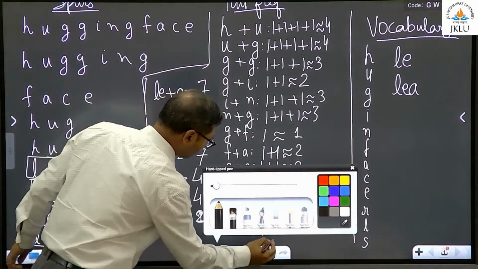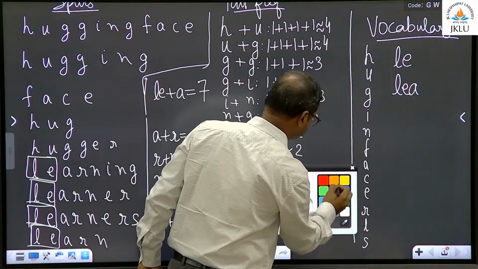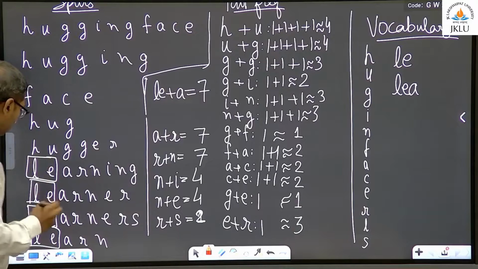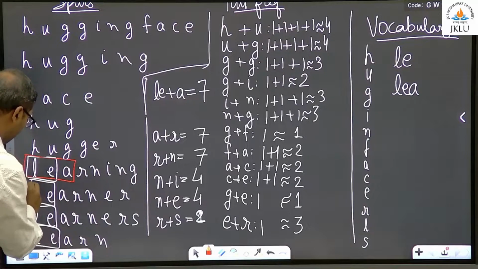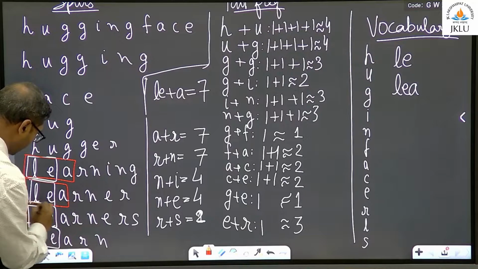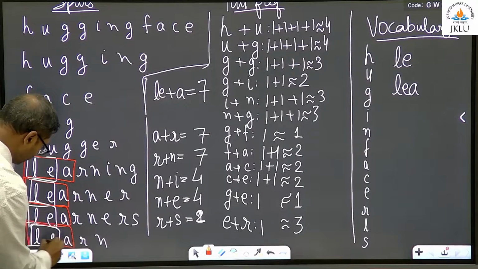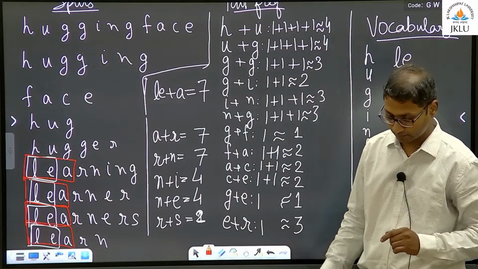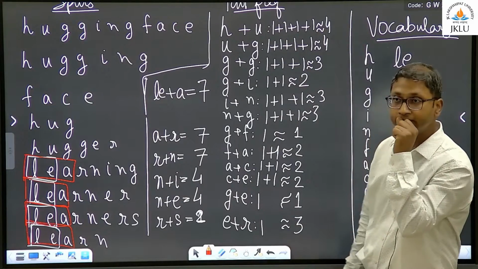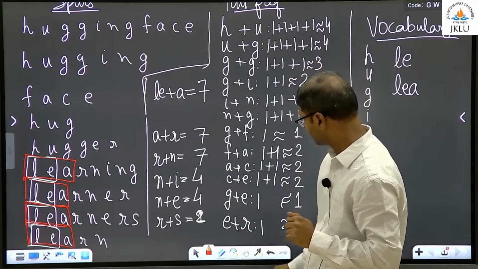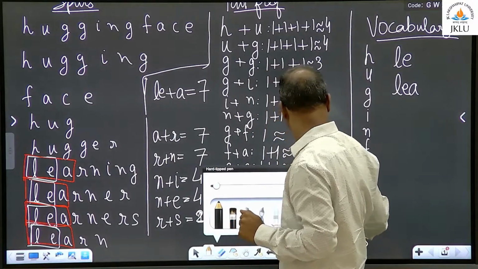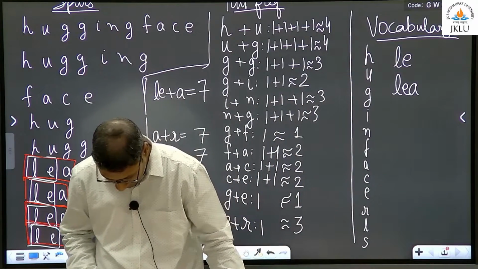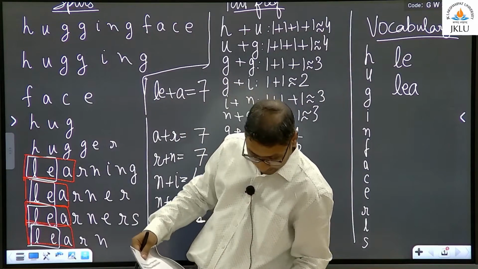And I'll choose a different color. So this becomes here. Is this fine? So A plus R, LE plus A I had.